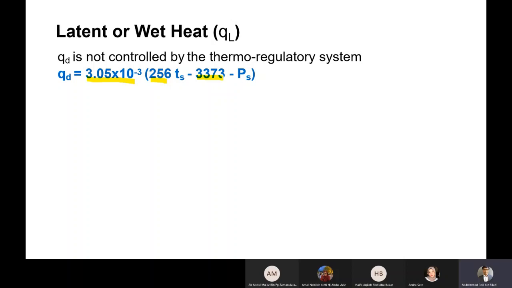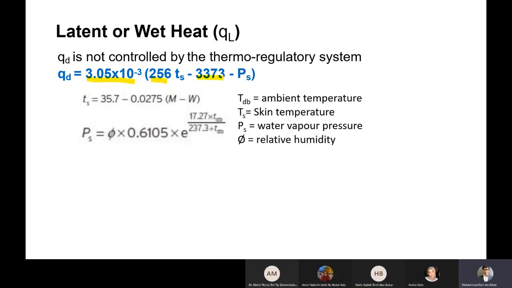But what we know is that the heat diffusion is affected by two things, TS or TdB here. TS is the skin temperature, okay, and PS is water vapor pressure on the top of your skin. And TA or TdB, sometimes I write it TA. So this is the ambient temperature.